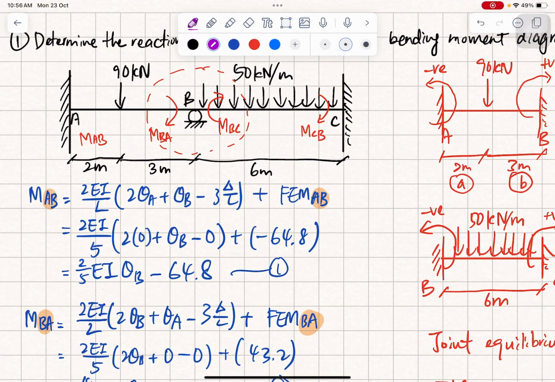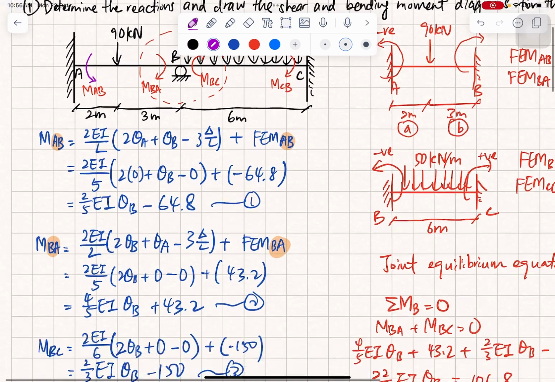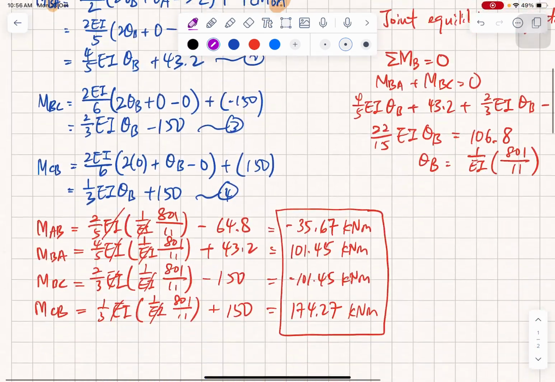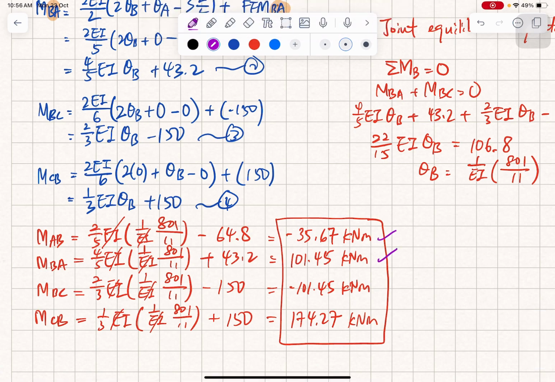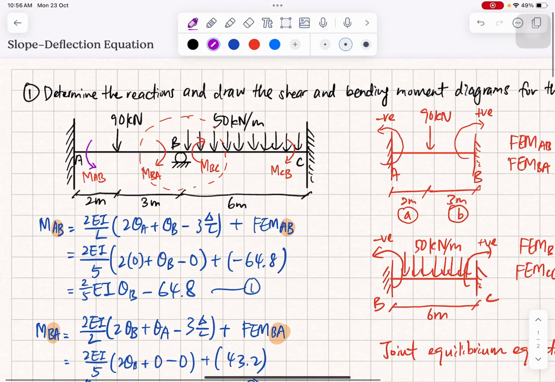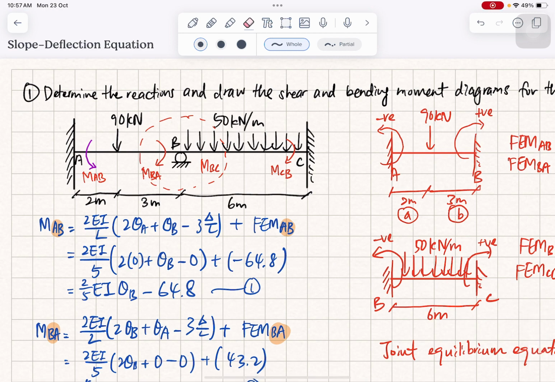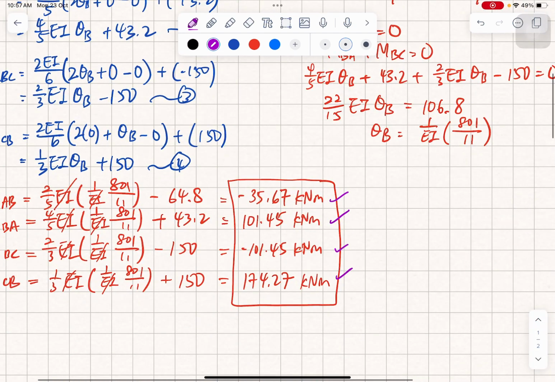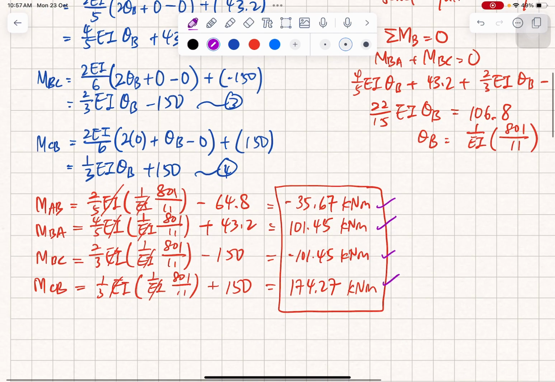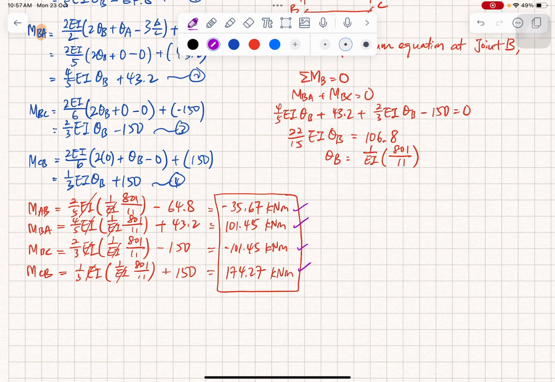So we can write it like this. Correct or not? It is logical. How about MBA? MBA is still the same because it is positive. How about MBC? It's negative. That means it is in the opposite direction. For MCB, it is the same because it is a positive answer.